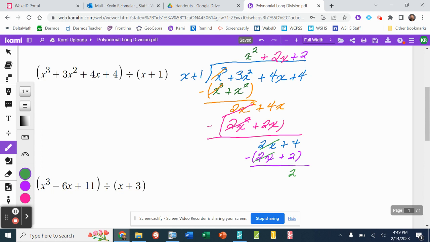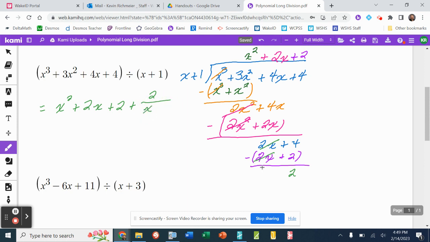So what I could say is that this division that was given to us is equal to x squared plus 2x plus 2 plus the remainder of 2 over my divisor, x plus 1. And that's how we would normally write our answer to a long division problem for polynomials.